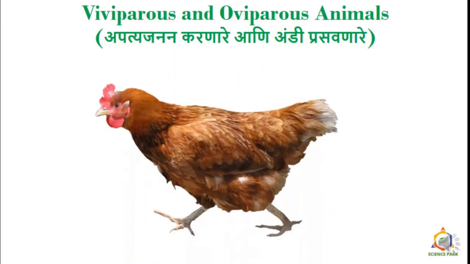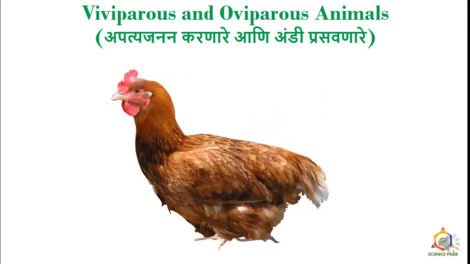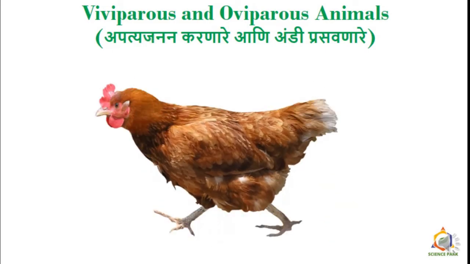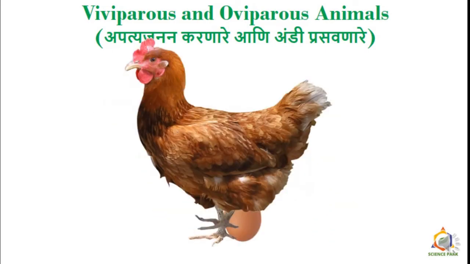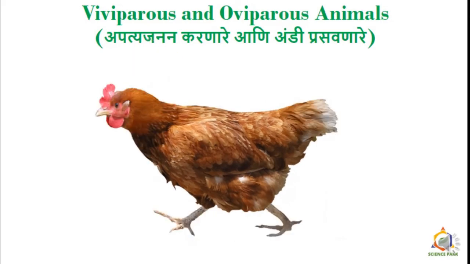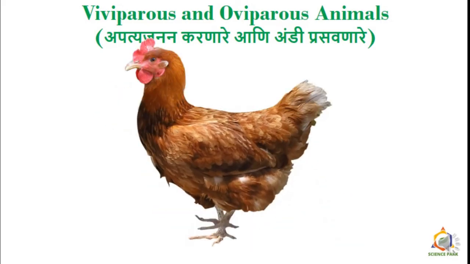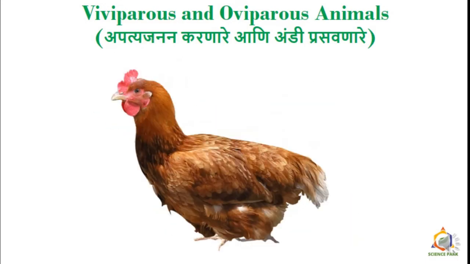Whereas in the case of a hen, you have already learned that they lay eggs and therefore do not give birth directly to young ones. These animals which lay eggs are called oviparous animals. List some examples of such viviparous and oviparous animals.